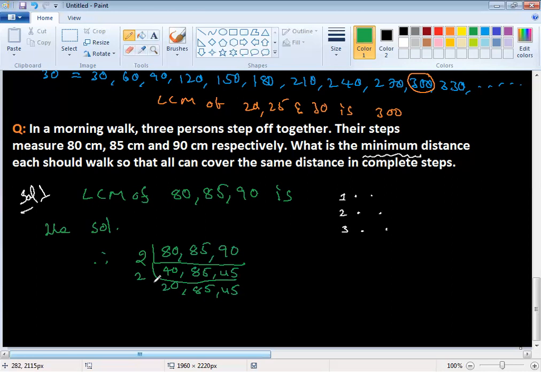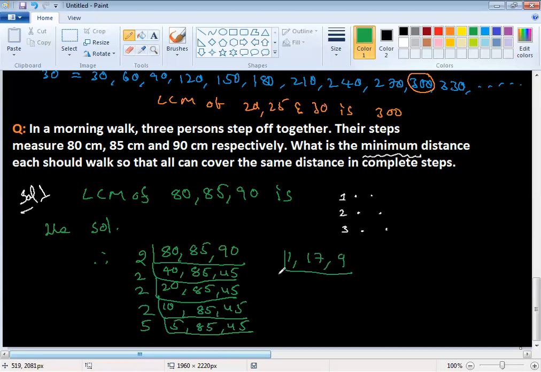Again, 40 is 2 into 20, 45 stays. Again 2 into 10, 45. Then 2 into 5, 45. You can start with 5 also, no problem. 85 means 5 into 17, and 45 is 5 into 9. So we can't go again with 5; then come to 9 or 17.